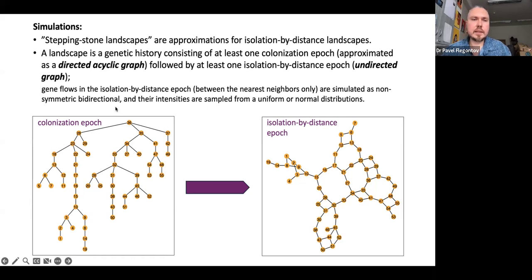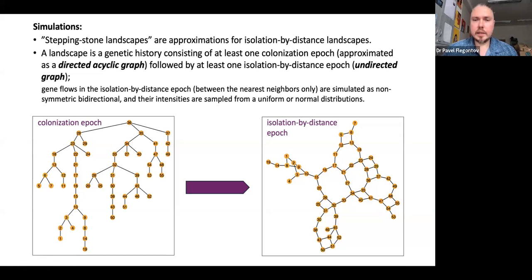And this landscape, the stepping stone landscape, is a genetic history consisting of at least one colonization epoch, approximated as a tree, or more generally a directed acyclic graph, followed by at least one isolation by distance epoch, which can be approximated as an undirected graph on the right, where each edge is a bidirectional gene flow edge.